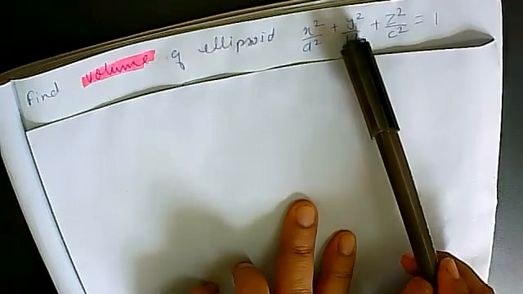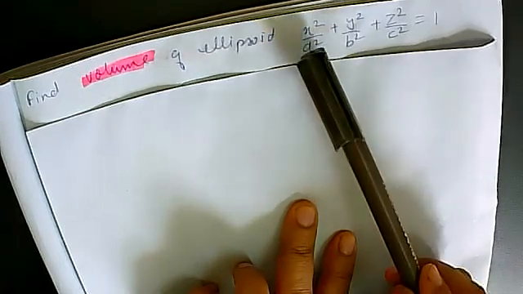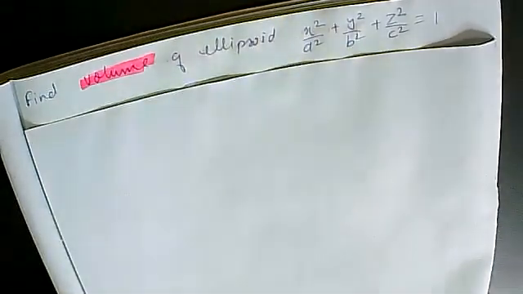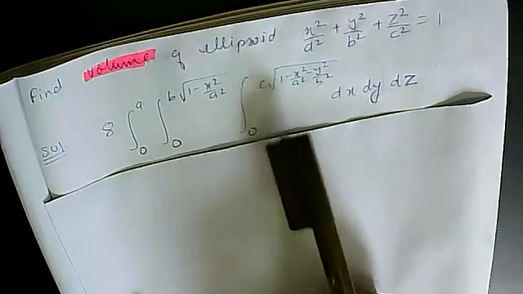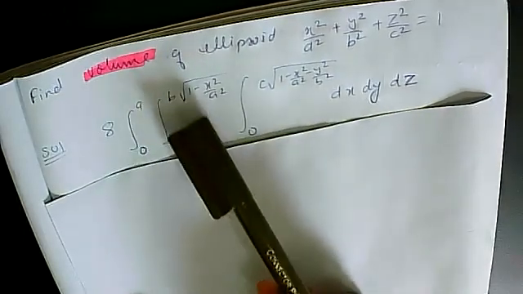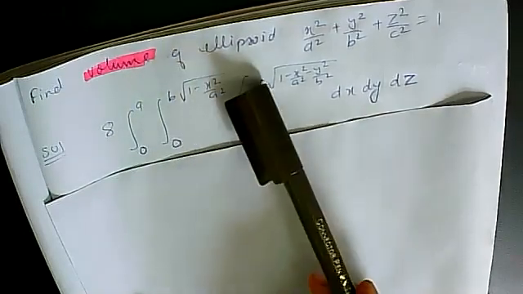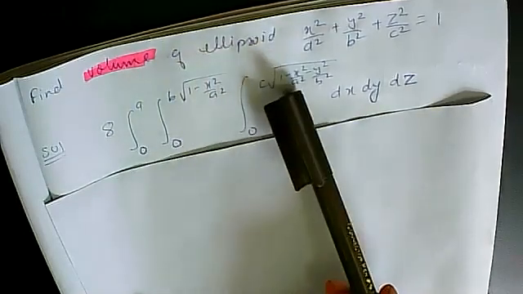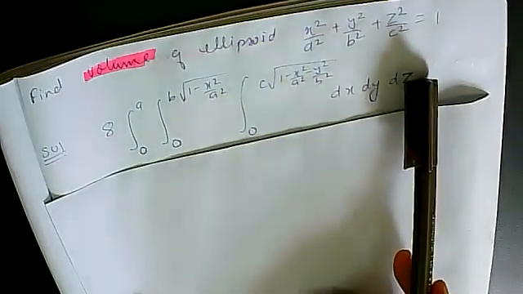Then I'll get the limit of y, and then when we put y is equal to 0, I will get the limit for x. So the limits will be like this, and this expression will give me the volume: 8, 0 to a, 0 to b under root 1 minus x square by a square, 0 to c under root 1 minus x square by a square minus y square by b square, dx, dy, dz.